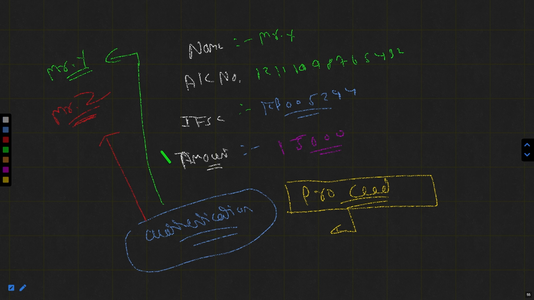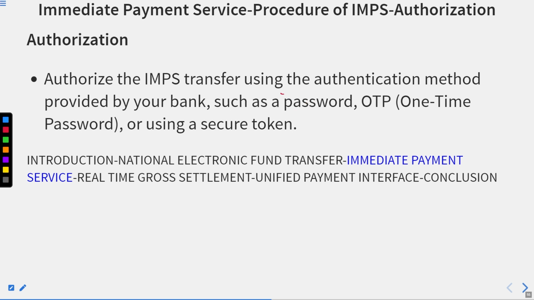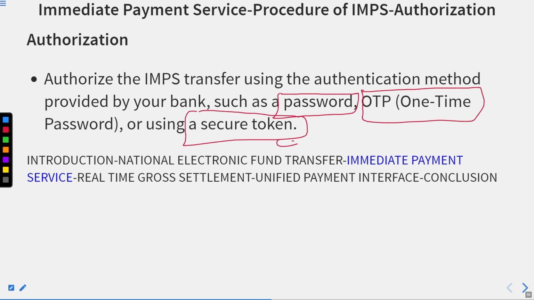What will happen? Once the proceed button is pressed, the authentication will be asked by the bank interface, and this could be the password which you made while registering, an OTP which will be received on your registered email address or mobile number, or the secure token which will be present in your welcome gift. Any of these will be required.